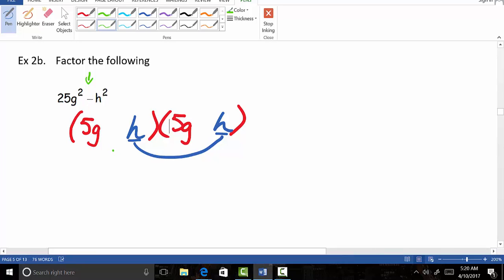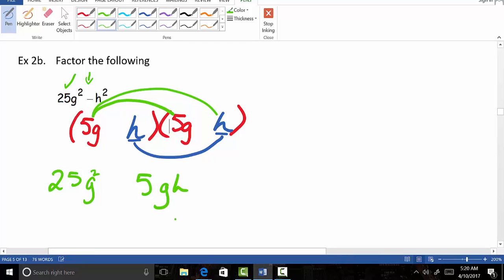If we go ahead and distribute, just to confirm what we were seeing, we have 5 times 5, which gives us the 25, and the g times the g gives us our g squared. So that checks out for the first part. Then we distribute the first 5g to the h and get 5gh.